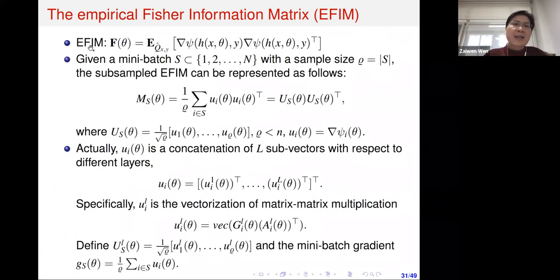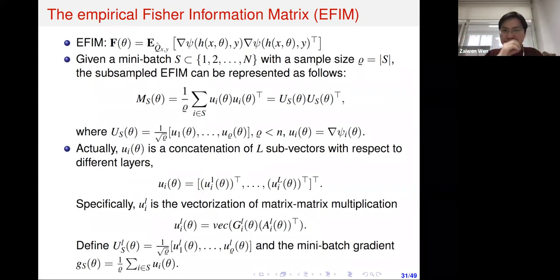So let's look at the empirical covariance matrix. Again, in practice, we can only afford to compute it on a mini batch, for example, on an ordinary GPU, because the limit on GPU is the memory size.